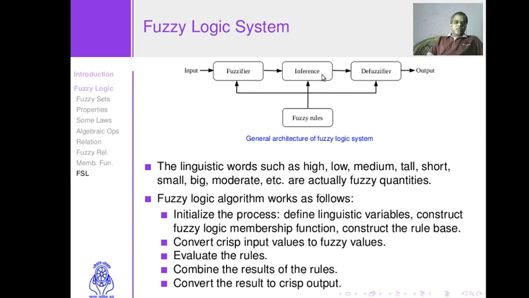Then the inference engine works with those fuzzy quantities based on some rules which are available in this database, and accordingly some actions are taken, some results are obtained, those results are combined, and some conclusion is drawn, and based on that we have to decide some output.